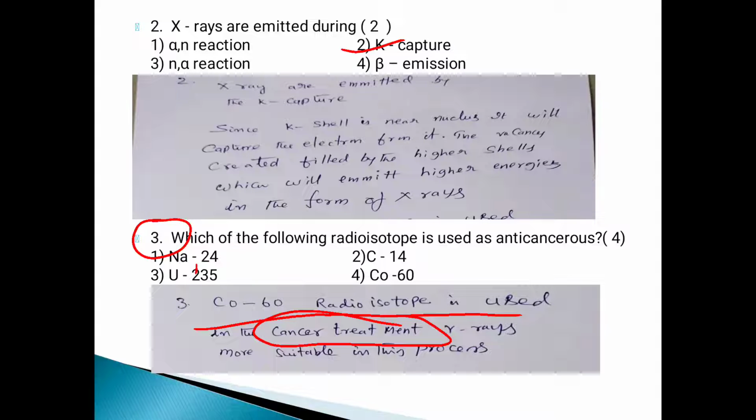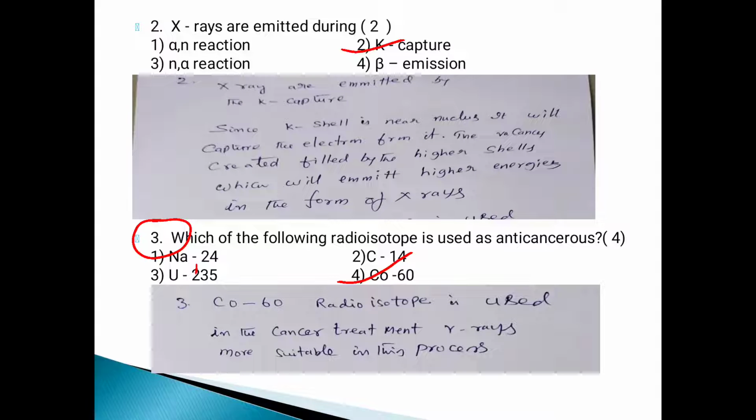So we should have moderate radioisotopic rays, which is possible with Co-60, and it has been used for many years as a radioisotope safely and without danger to the surrounding healthy tissues. So Co-60 is the radioisotope which can give radioactive rays most suitable for cancer treatment.